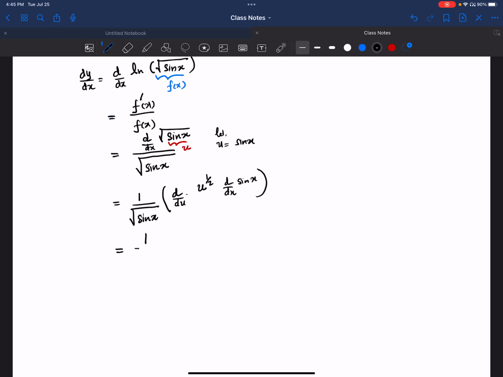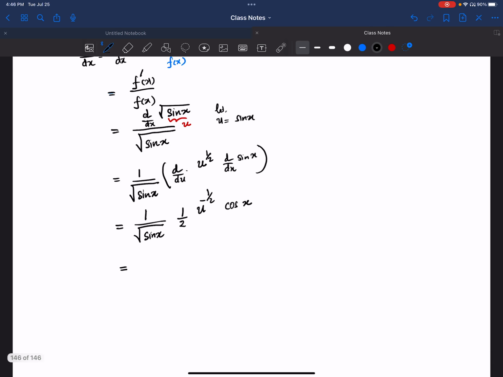So this is square root of sine x, and if you differentiate d over du u to the power half, it is half u to the power negative half, and d over dx sine x is cosine x.